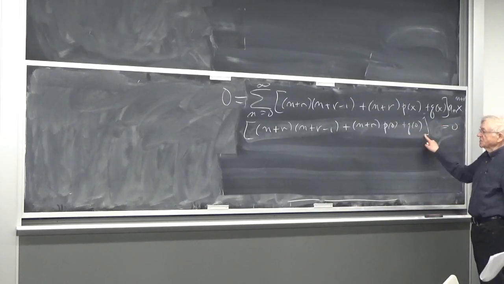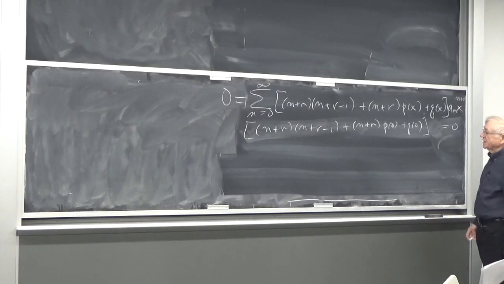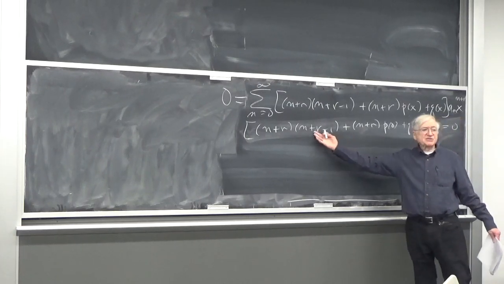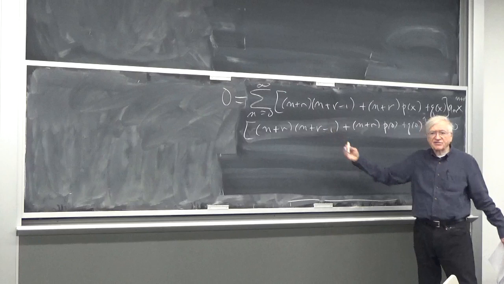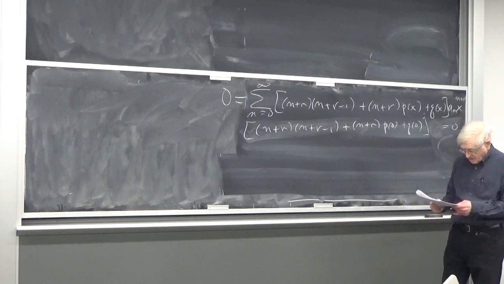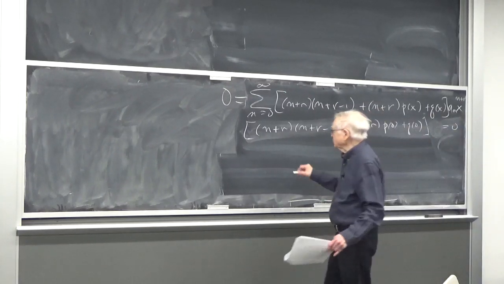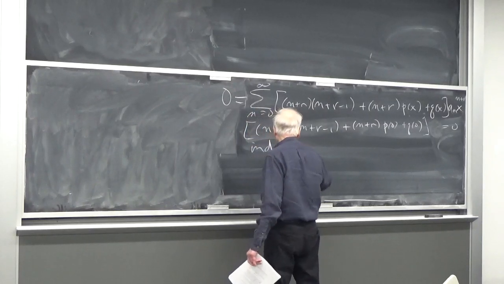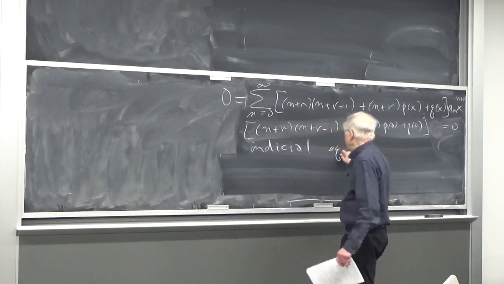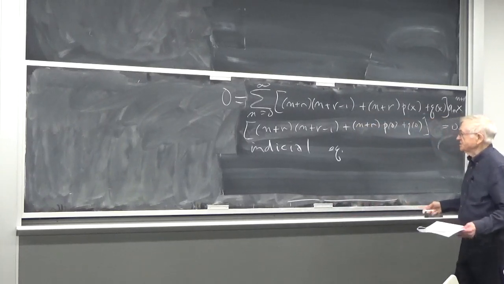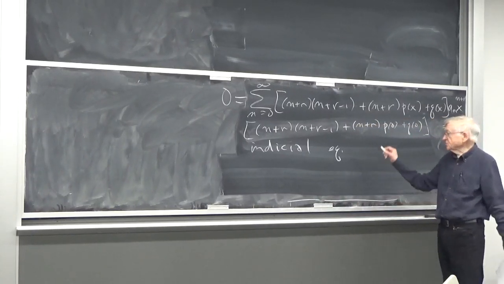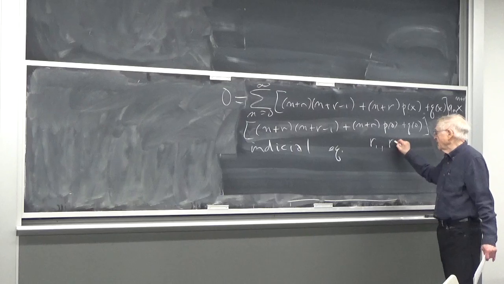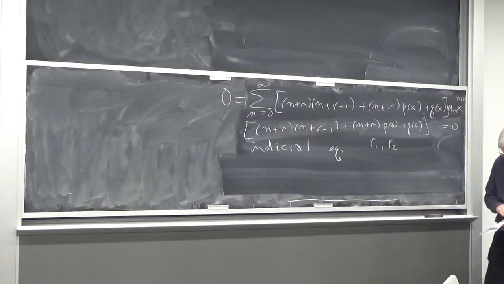And so we get this equation, and this is a quadratic equation for r. So we solve for r this way. And this is called the indicial equation. And of course, like any quadratic equation, it has two roots, r1 and r2.